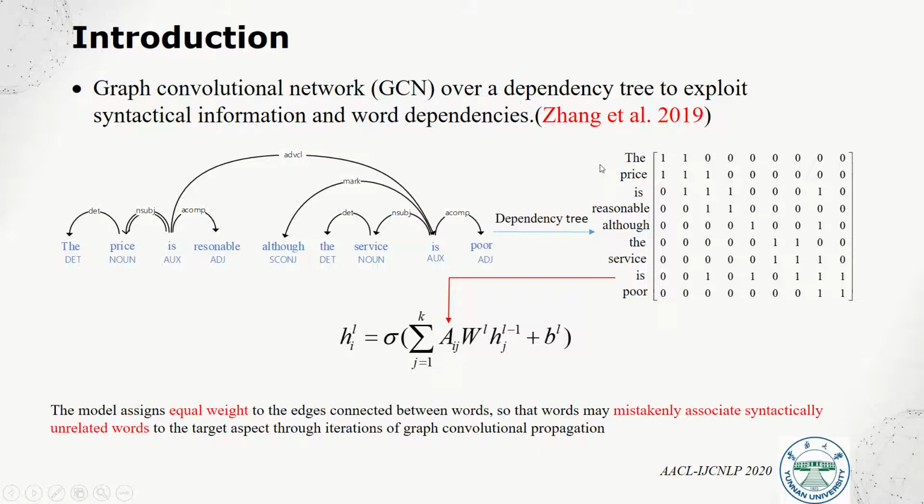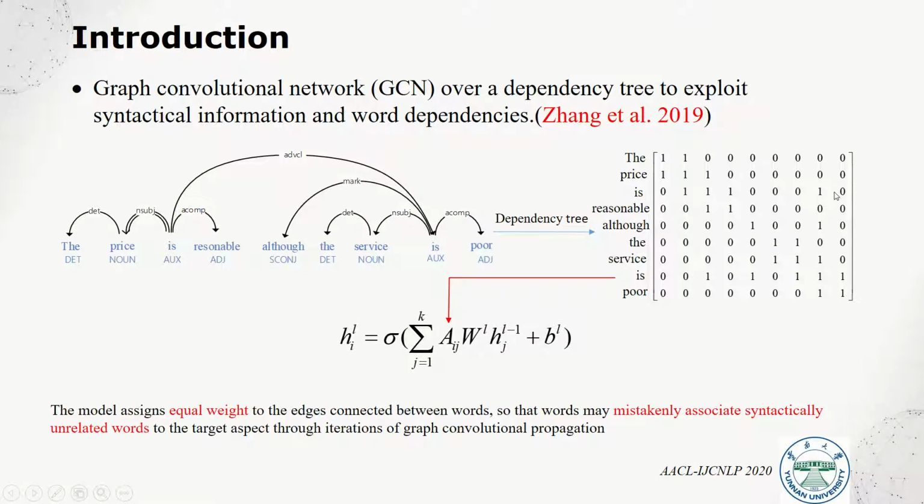With the rapid development of graph neural networks, graph convolutional networks have also been widely used in aspect sentiment classification tasks. They use a dependency tree to explore syntactic information and word dependencies. In the example, the price is risen, although the salary is poor.